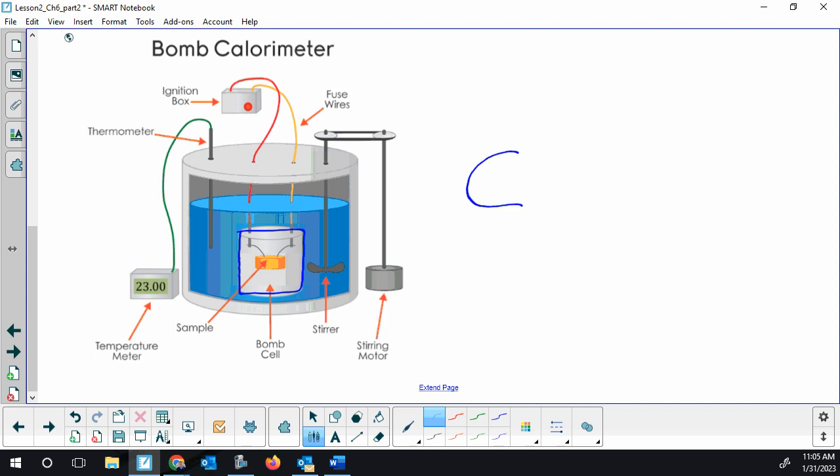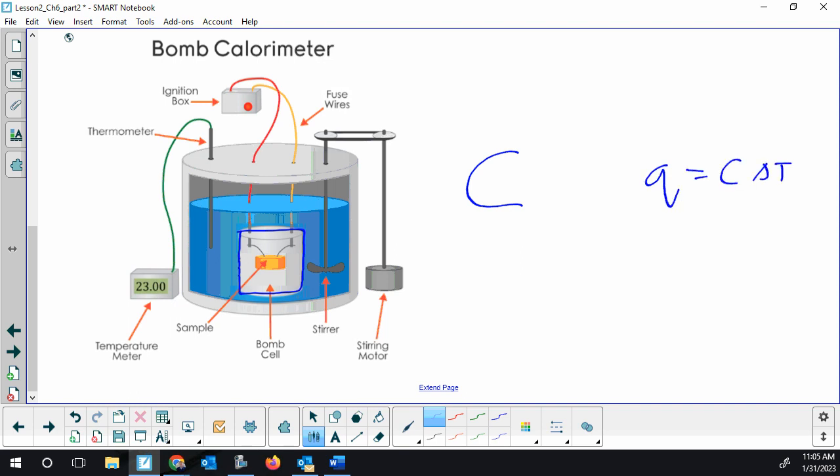And every bomb calorimeter would have a different C value. The manufacturer might have figured it out, or a technician, or you might have to figure out the C value before you use it. And the math is really, if anything, easier than what you did in Chem 30.